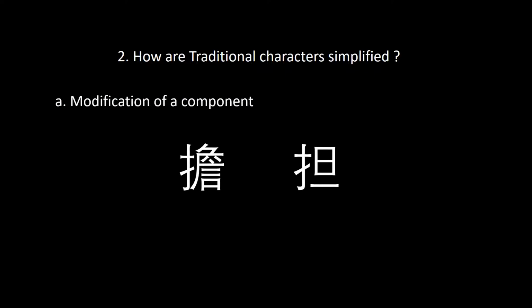Now the third word is 担, which means to worry, the 担 in 担心. Likewise, we simplify this big component into something simpler. Some people may think that they don't really look the same, but in general, we still take it that it is about the same.